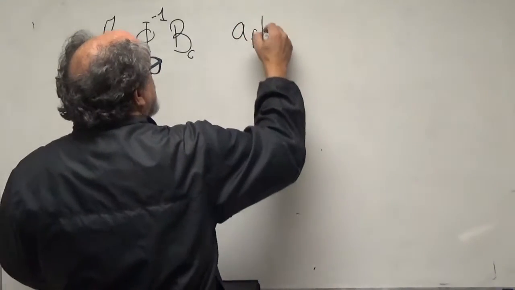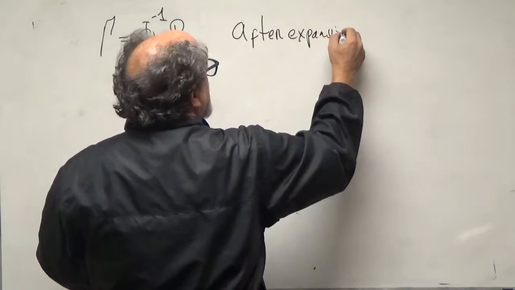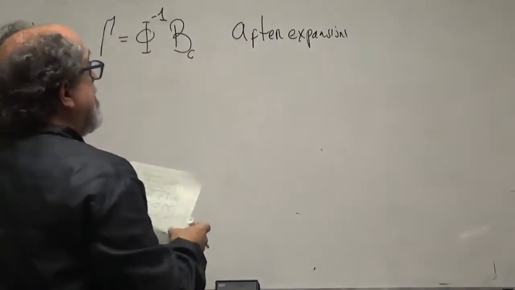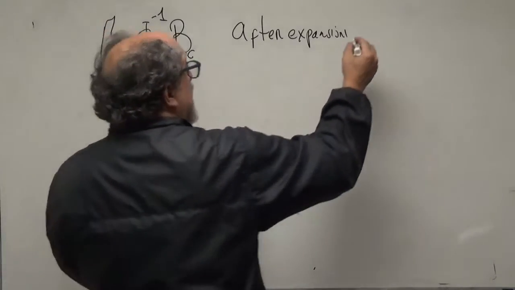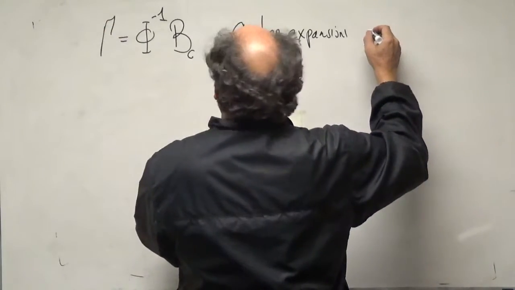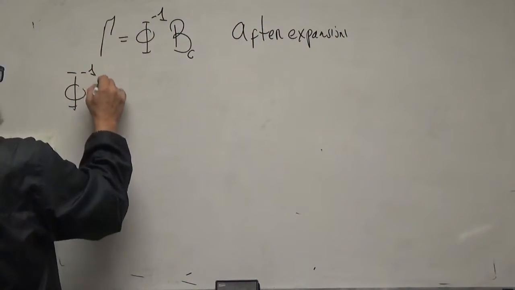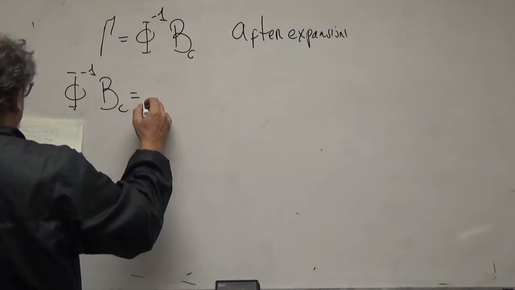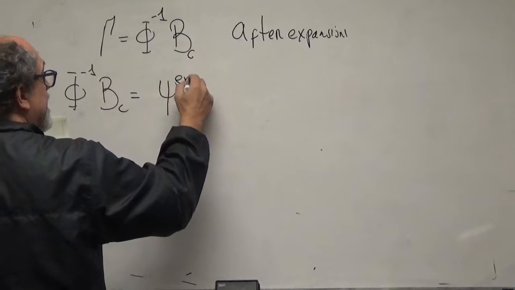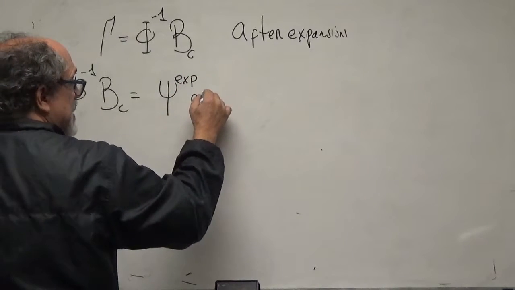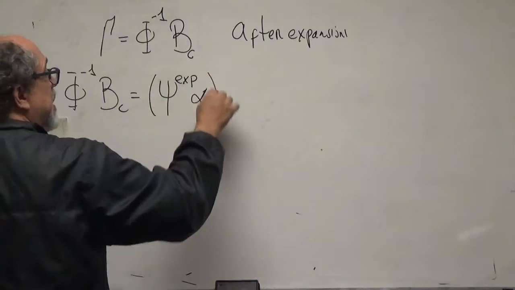After expansion, you can say that phi to the minus 1 times bc will be equal to your phi's expanded times the alphas, because now this is what we have, right? Transpose.